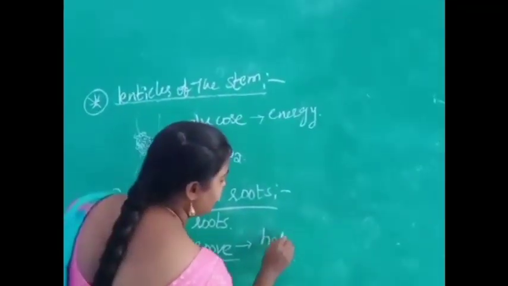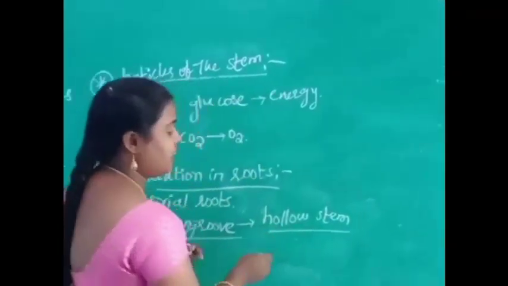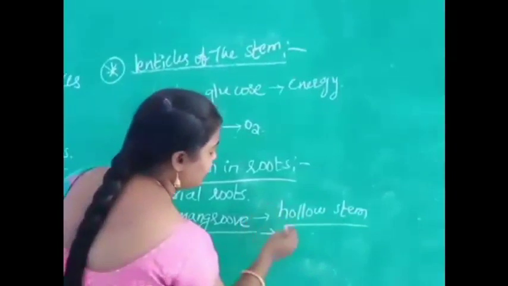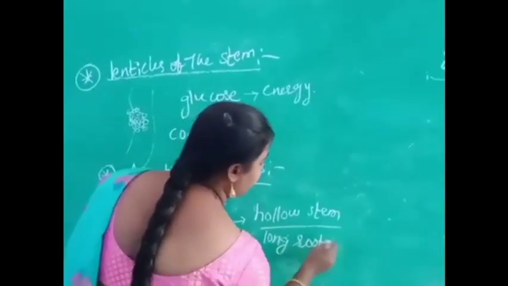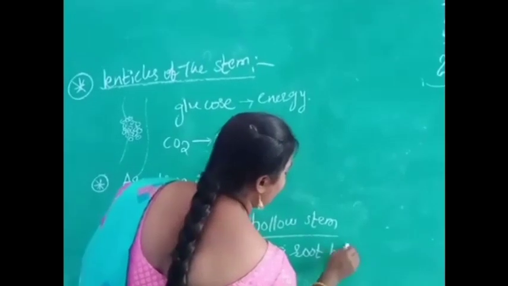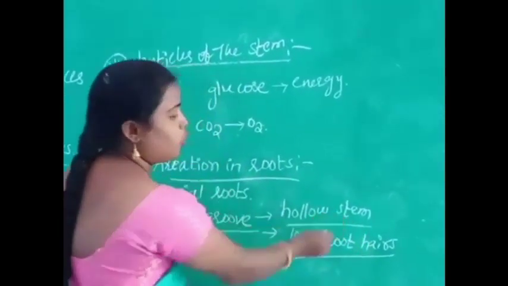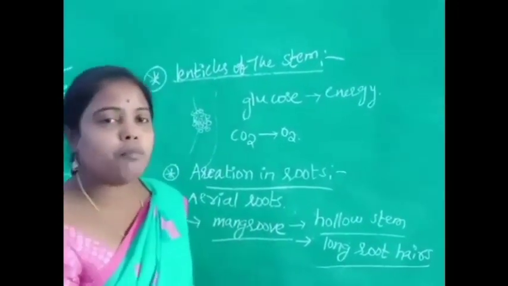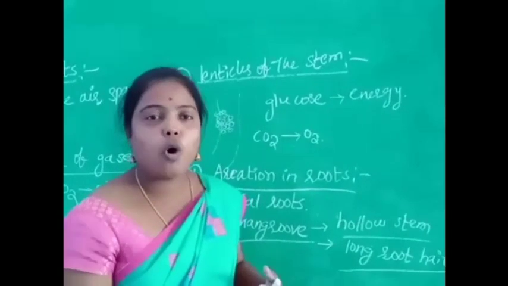The mangrove plant contains a hollow, very thin stem, and it contains long root hairs. With the help of root hairs and the hollow stem, the mangrove plant absorbs more water and more carbon dioxide.